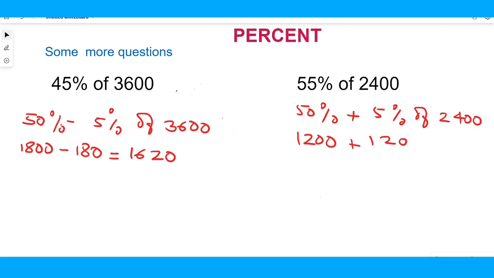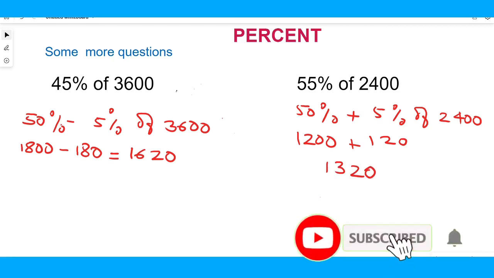So 1200 plus 120 is 1320. So we write it as 1320, which is 55% of 2400. Similarly, we can calculate many questions related to percentage using these short tricks.